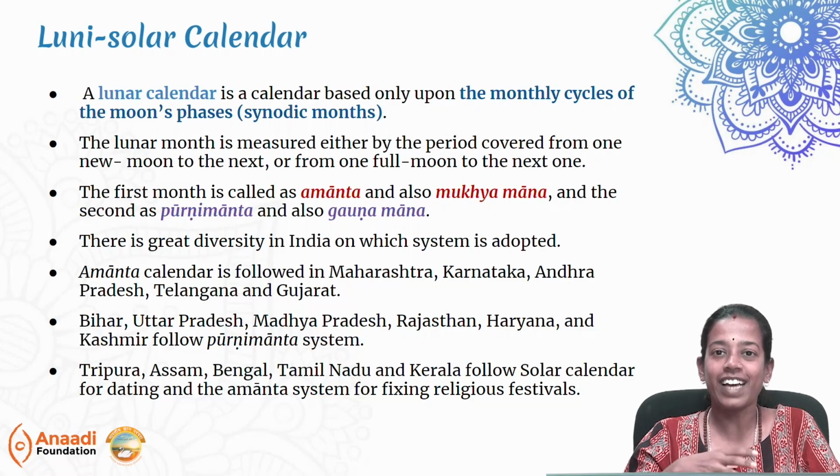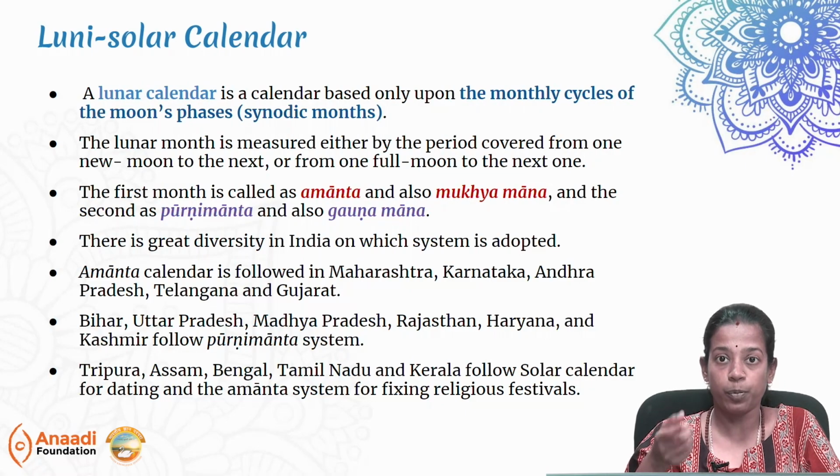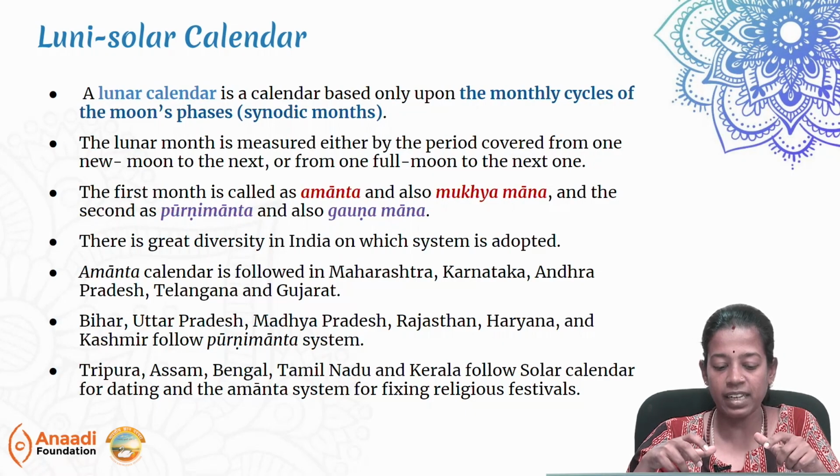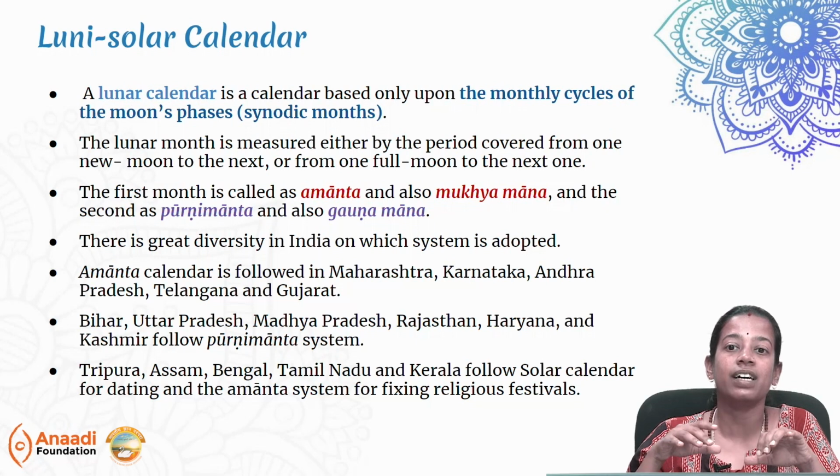But the other regions of India, such as Tripura, Assam, Kerala, Tamil Nadu, Bengal and the northeastern states, all of these follow a solar calendar for dating and they use the Amanta system for fixing religious festivals.